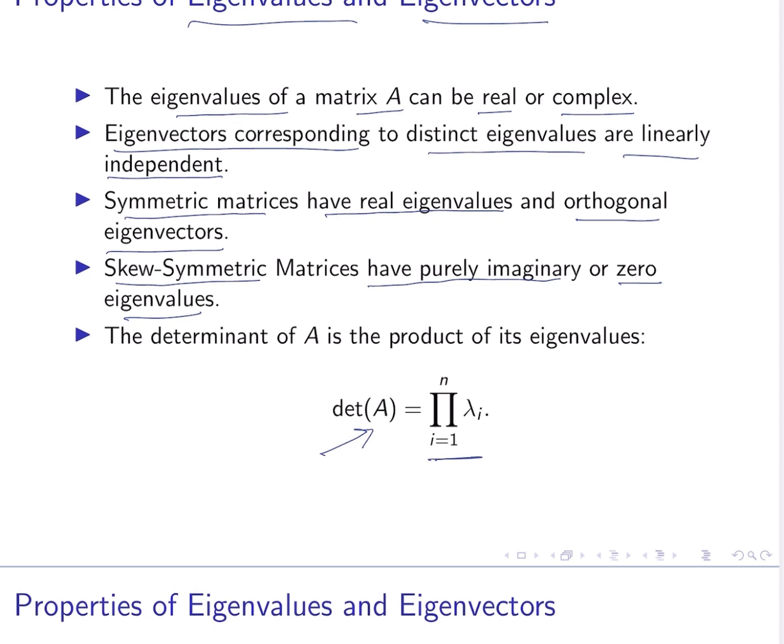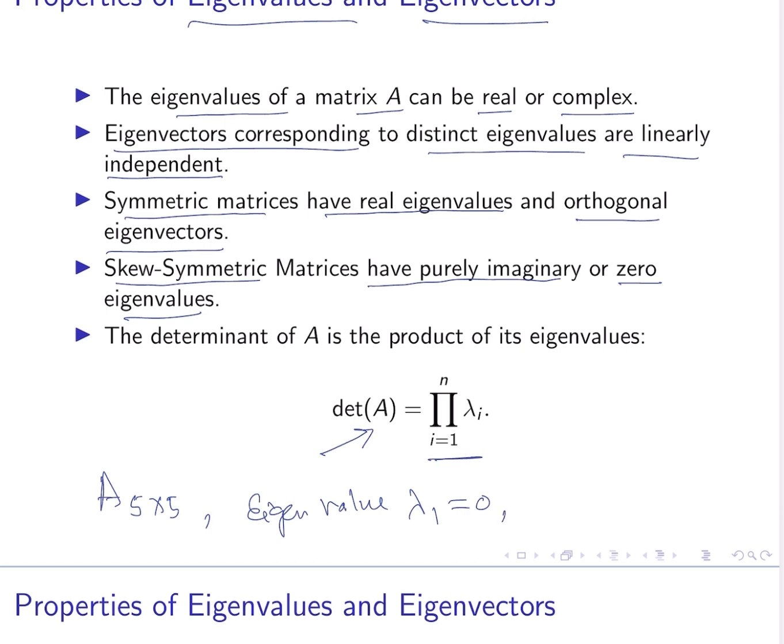For example, if you have been given a matrix A of size 5 cross 5, and you have been told that one of the eigenvalues, lambda 1, is 0, what can you tell about this matrix A?